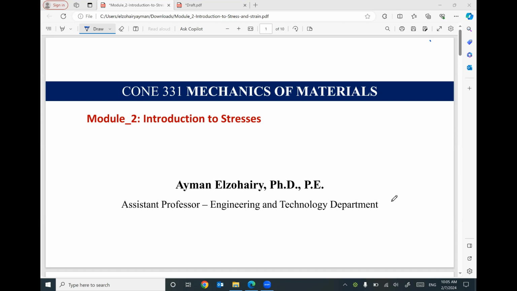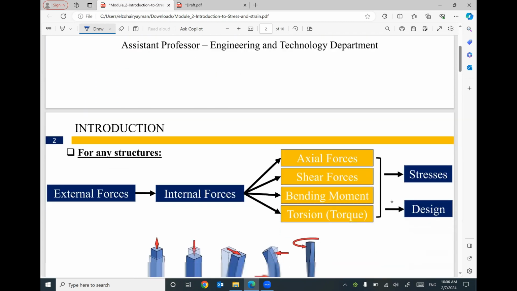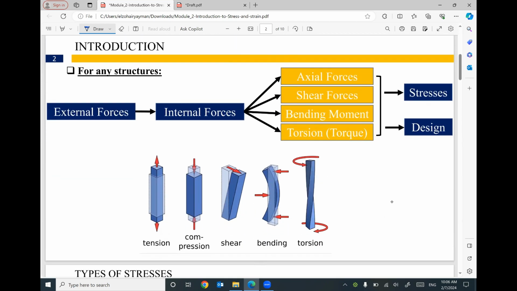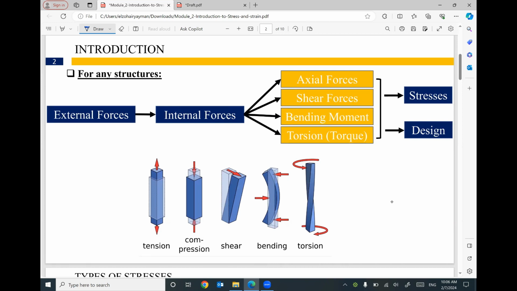In this video, I will start to introduce what is the meaning of stress. So previously in engineering mechanics, statics, we learned that if we have any structure under the effect of external forces, these external forces will create internal forces in four forms.